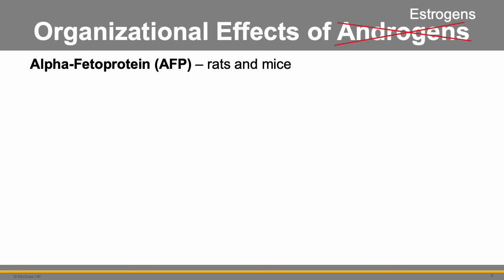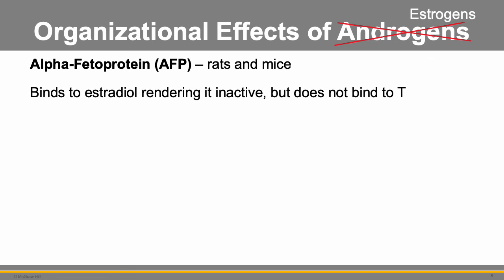This has been well studied in rodent models, and there is a protein called alpha-fetoprotein in rats and mice, AFP. AFP binds to estradiol. It renders it inactive, but it does not bind to testosterone.